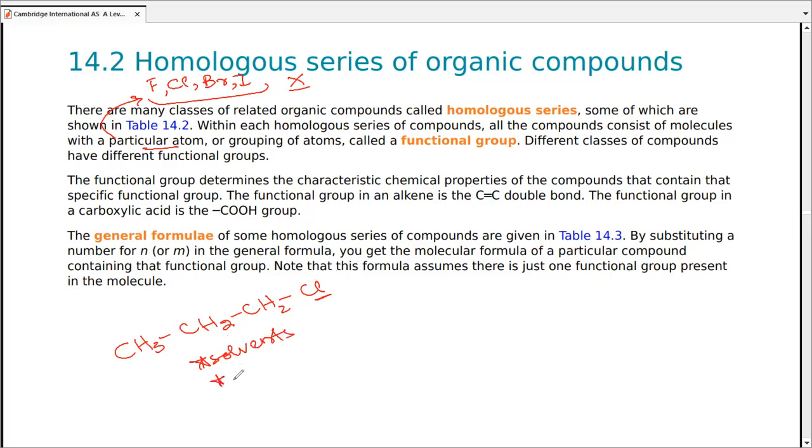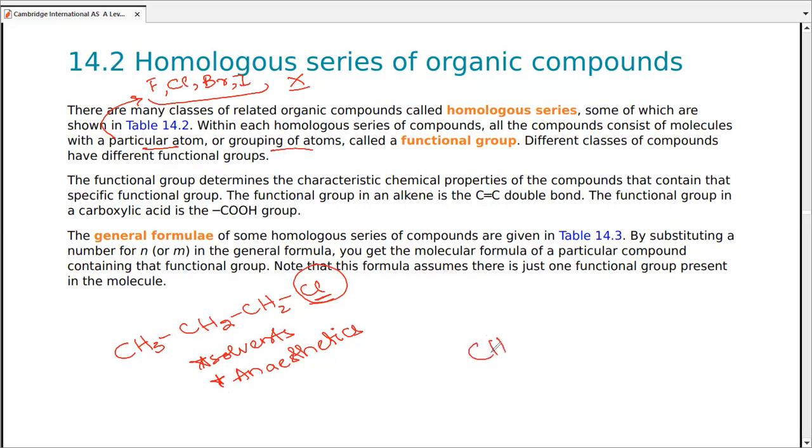They might be used as anesthetics, and they can also be used as dry cleaning agents. So the set of uses, the reactivity, the chemical reactions, all the physical properties change with just replacing one atom in the series. That atom can be considered a functional group because it represents an actual class of compounds or a homologous series. It can also be a grouping of atoms.